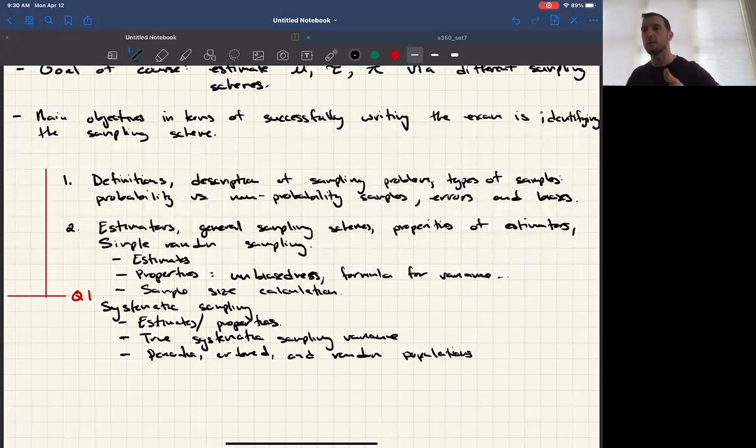So we talked about how the SRS variance of the mean, the SRS estimator for the variance of the mean, how that relates to the systematic sampling estimator for the variance of the mean. And we've discussed how in each of the different situations, so periodic, ordered, or random, we can expect that estimator to behave.